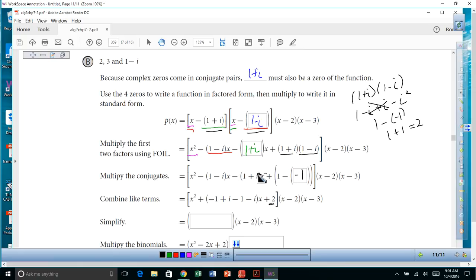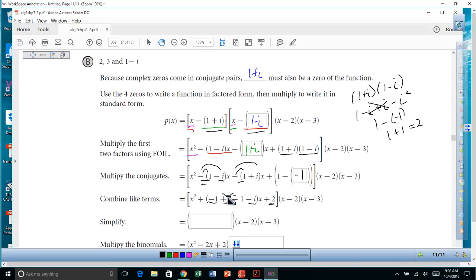Okay, and then you'll notice here that becomes 2. This has an x and that has an x, so they decided to put them together. So you got negative 1 plus i minus 1 minus i. Negative times this gives you negative 1, and negative times negative i gives you positive i. They're distributing that negative in there. First they distributed that, now they're distributing it here. That's going to give you negative 1, and negative times negative gives you minus i.